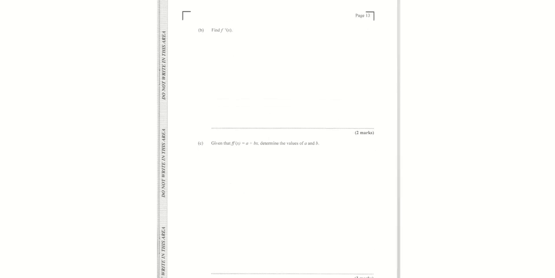Alright, let's go to the next page. They said find f inverse x. Now, f inverse x is done in three simple steps. The first thing you're going to do is tell me what f of x is equal to.